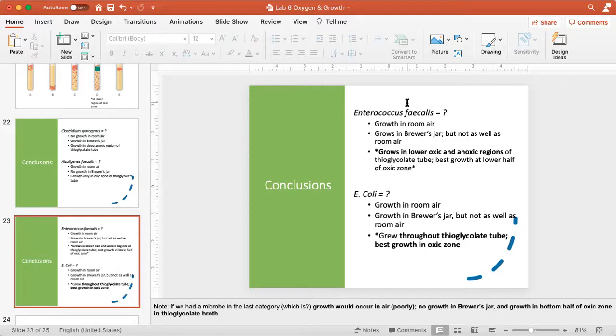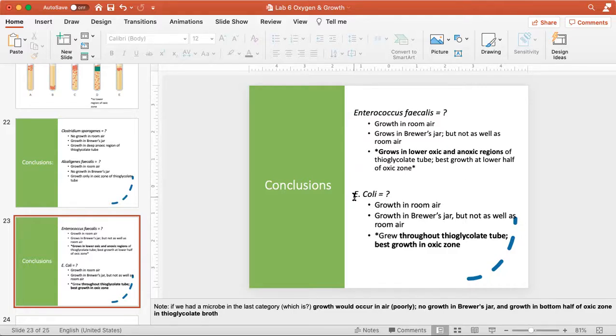Enterococcus grows in room air, also grows in the brewer's jar, but not as well. It grows in the lower oxic zone. That was really the key here, as well as the lower anoxic regions of the tube. That was our aerotolerant anaerobe.